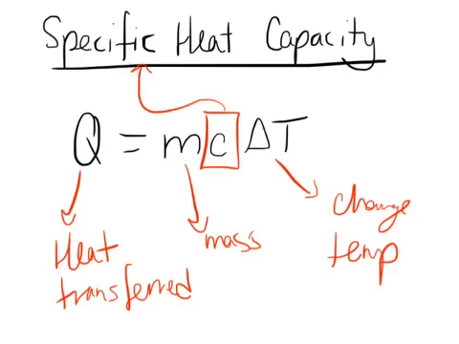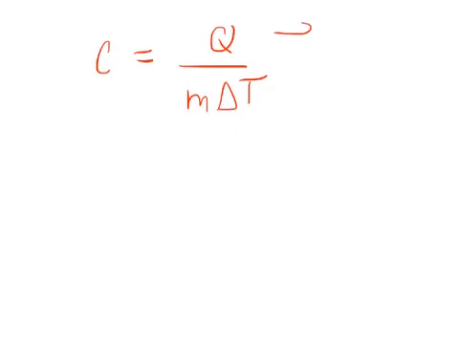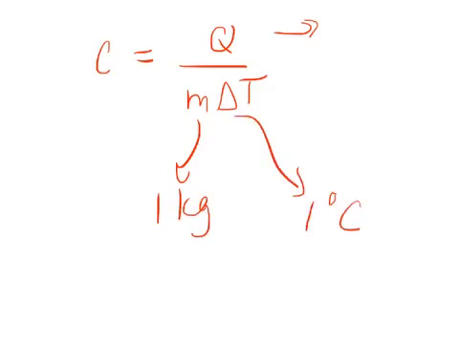Now, the easy way to think about specific heat, or its definition, is if we solve for C. We'll have C equals Q over M delta T. And what we say is that the specific heat capacity is the quantity, or the amount of energy, Q, needed to raise the temperature of 1 kilogram of the substance by 1 degree Celsius.